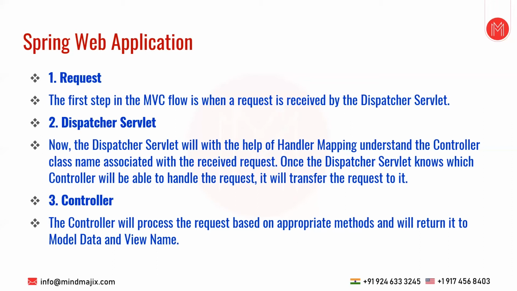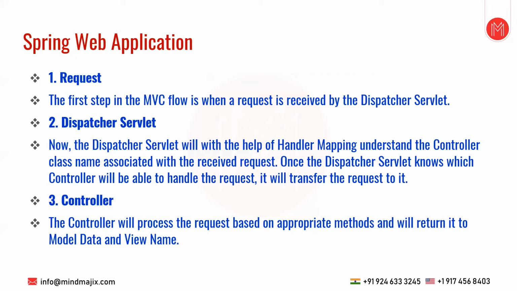What exactly is the dispatcher servlet? This dispatcher servlet acts as a front controller, and it is used to get the information of the request, and it transfers the request to the appropriate controller. So we need to specify the dispatcher servlet information in the deployment descriptor file.